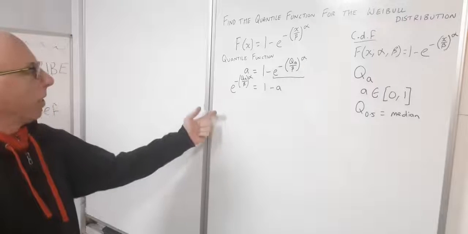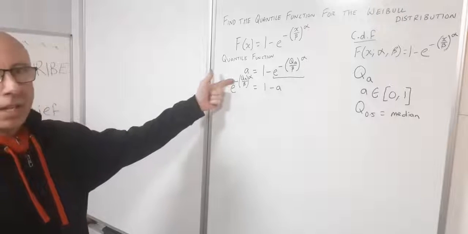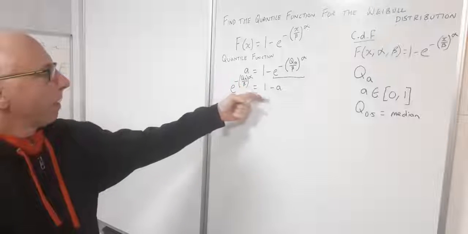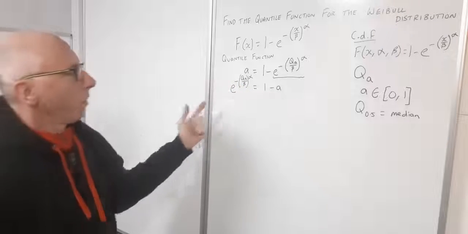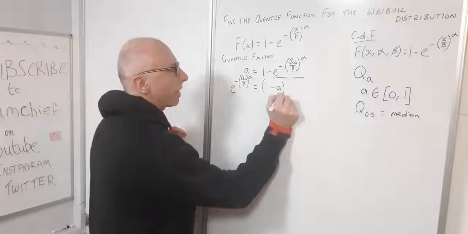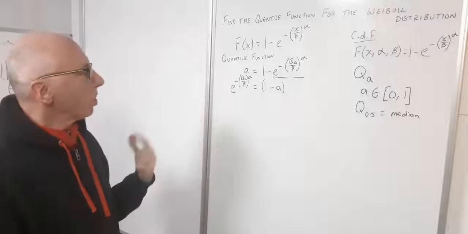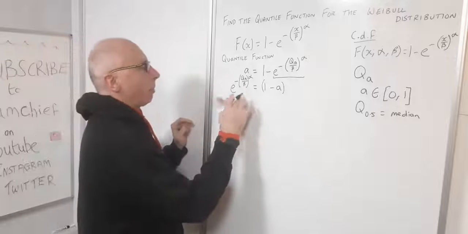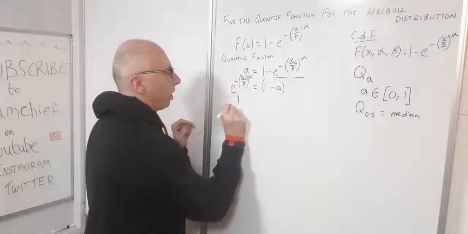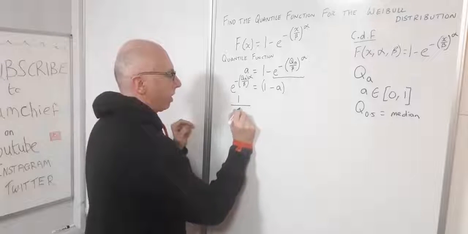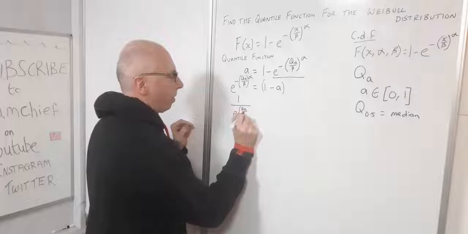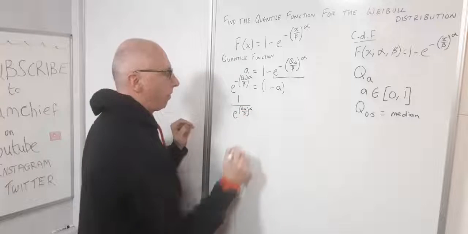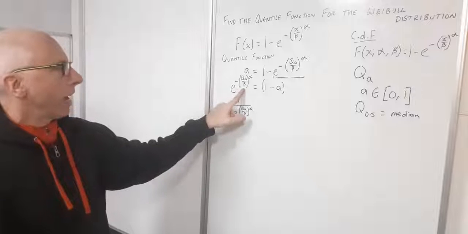Okay, now we've got a negative in our exponent here, and this here is just one function here, 1 minus a. So what we could do is take the reciprocal of both sides. So this here would be the equivalent of 1 over e to the QA over beta to the power of alpha. That's the equivalent of that.